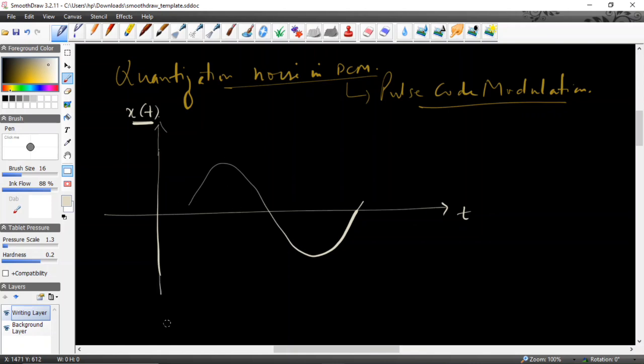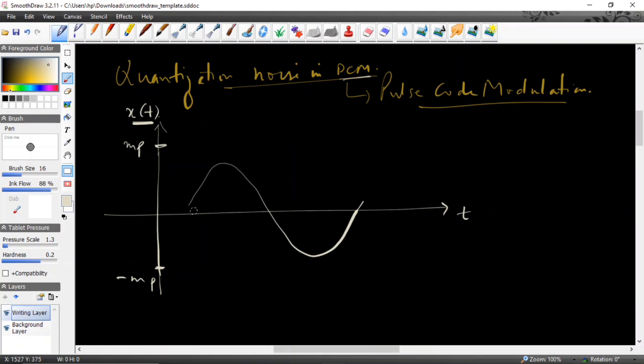And if the signal just takes two amplitude values, that is a special case, what we call the binary signal. Okay, so suppose we have an analog signal, and let us suppose that the maximum amplitude is MP and the minimum amplitude is minus MP. So how do we convert this signal into a digital signal in the PCM?